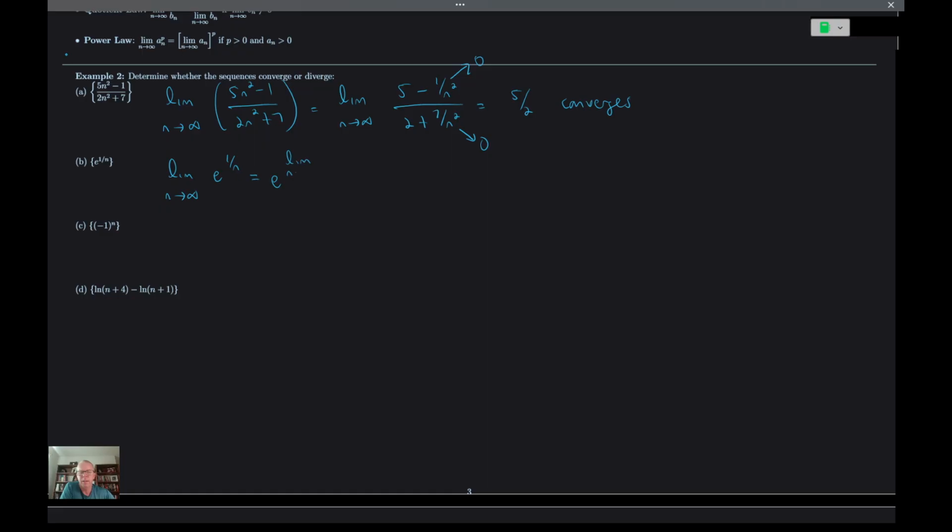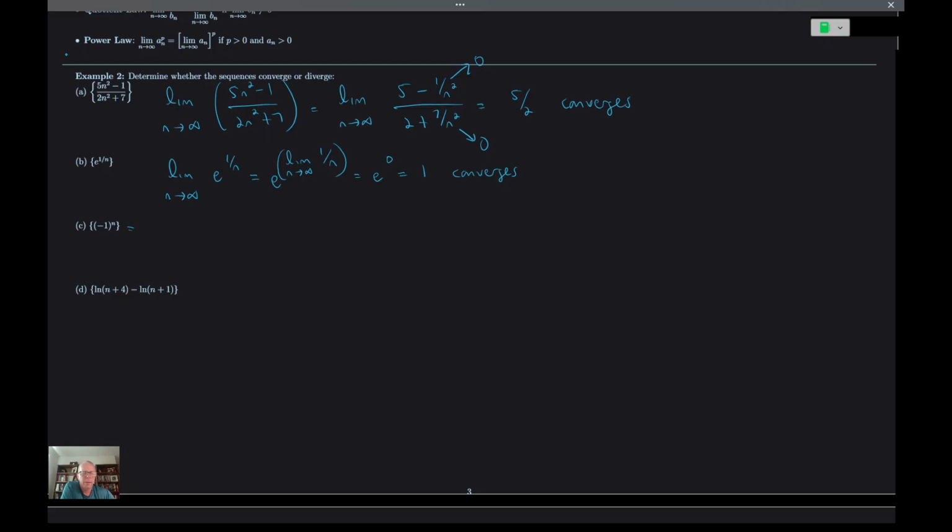So e to the limit as n approaches infinity of 1/n. So this is perfectly fine. If you just have a number, you can move the limit into the exponent. So now what's the limit as n goes to infinity of 1/n? Well, of course, n is getting bigger, 1 is staying the same, so this is going to go to 0. So this would be e^0, which is 1. So this one also converges.